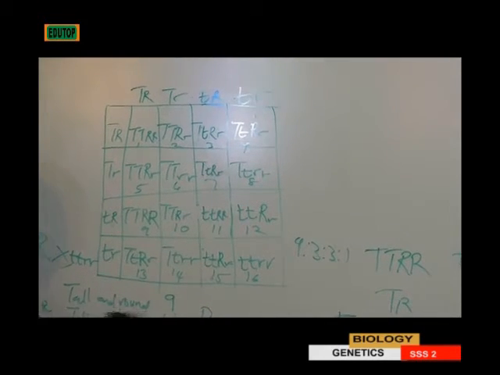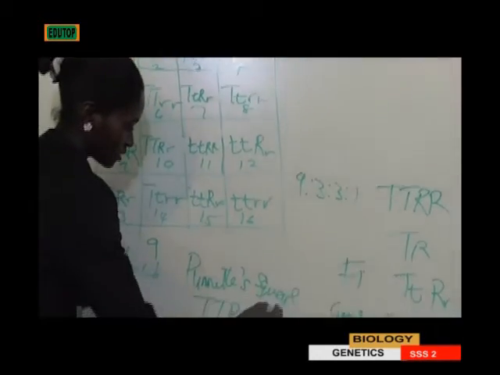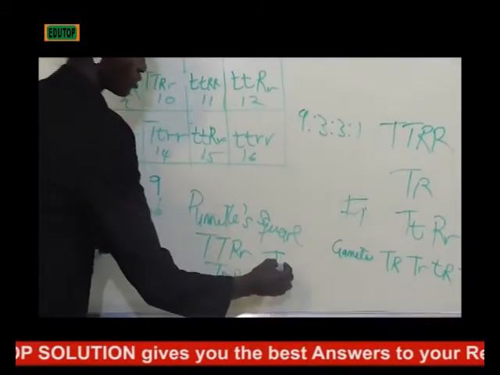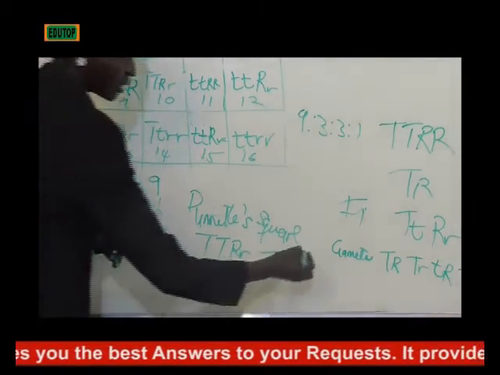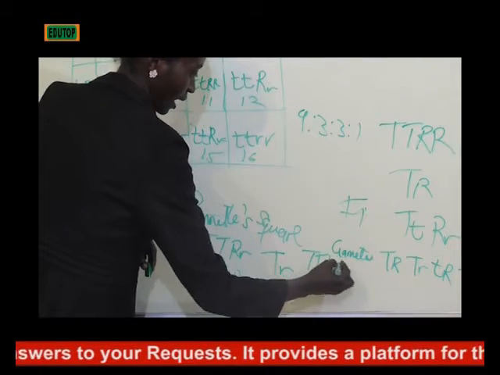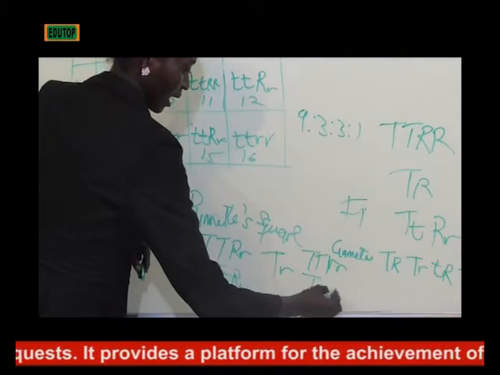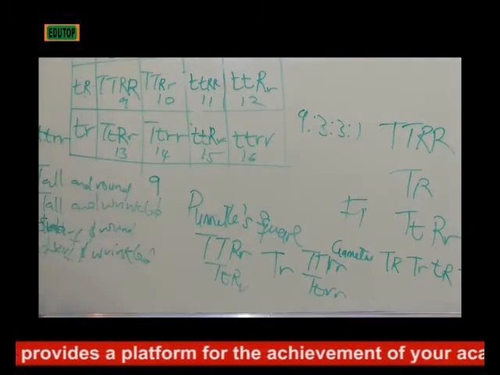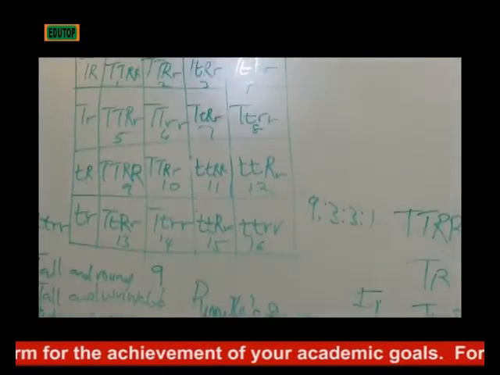Then for tall and wrinkled, this is what you are looking for: a capital T, and a wrinkled one, small r. So it could be TT, rr or Tt, rr. Either is what we are looking for. So which one is having that?